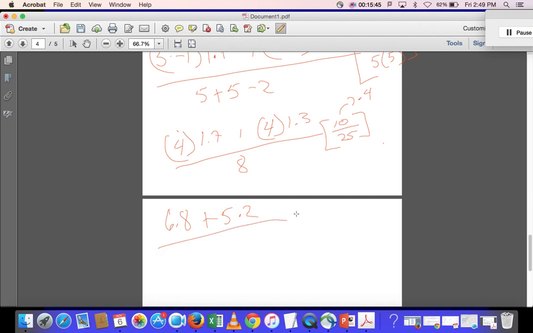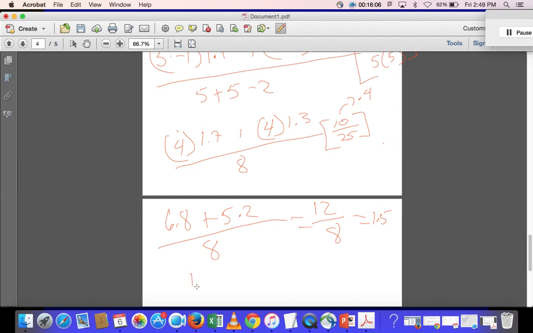And if you add those two numbers up, that should give you a value of 12. And we're going to divide 12 by 8, because again, 8 was that portion of the denominator for that fraction in that instance. So 12 divided by 8 will give you now a value equal to 1.5.